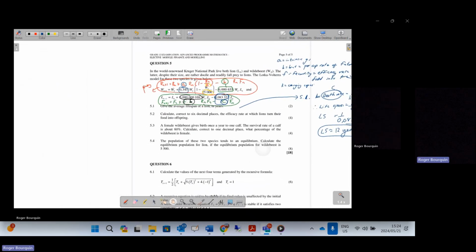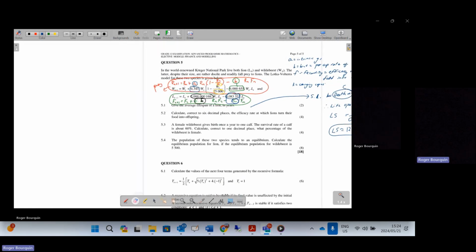Righty, question 5.2. Question 5.2 says, calculate correct to 6 decimal places the efficacy rate at which lions turn their food into offspring. So in other words, efficacy rate is the symbol F. And if you go to your formula sheet, we've got FB over there.